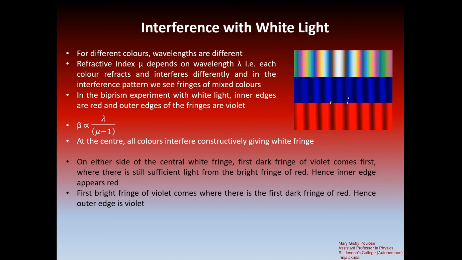In the center we have the 0th order fringe. On either side we have the first order bright fringe of violet. Here, when red is absent, violet has a maxima region. So in this fringe we get the outer edge to be violet.